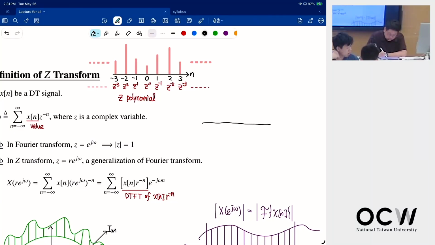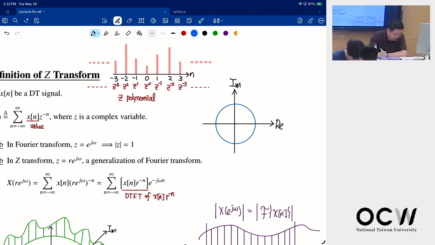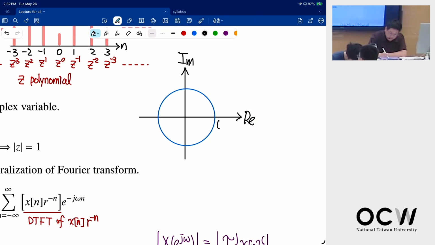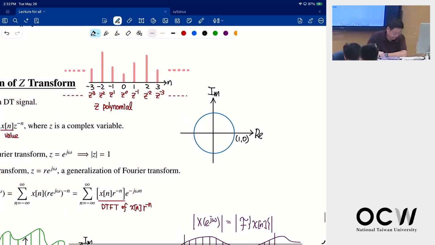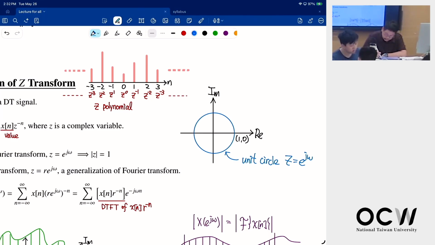That means in the past, we have this unit circle, here is 1, 0, the unit circle, z equals e to the j omega.